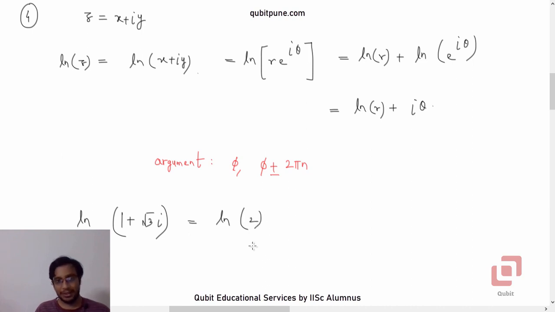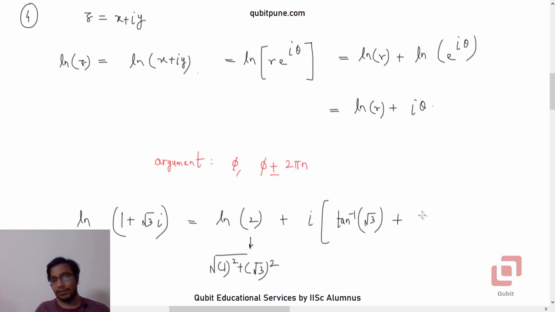Yeah, modulus is 2, root of 1 squared plus root 3 squared. So this is the real part. Now when we go to the imaginary part, i into, we can have tan inverse of root 3, but at the same time we can also have plus 2 pi, plus 4 pi, or in general plus 2n pi, where n is any integer.